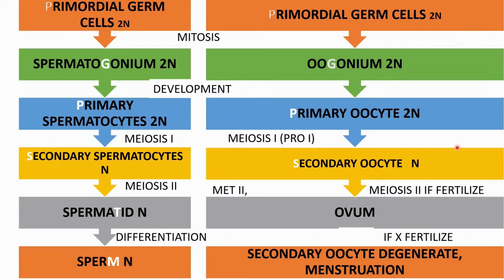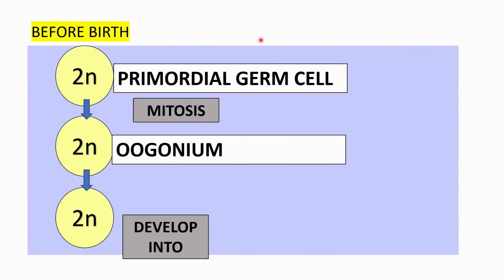Okay, let's go to the oogenesis process. The oogenesis process actually happens at the fetal stage. So before birth, the primordial germ cell, which is diploid, will undergo mitosis, and then you will form oogonium, which is still diploid. Then this oogonium will develop and grow and form the primary oocyte, which is still diploid.